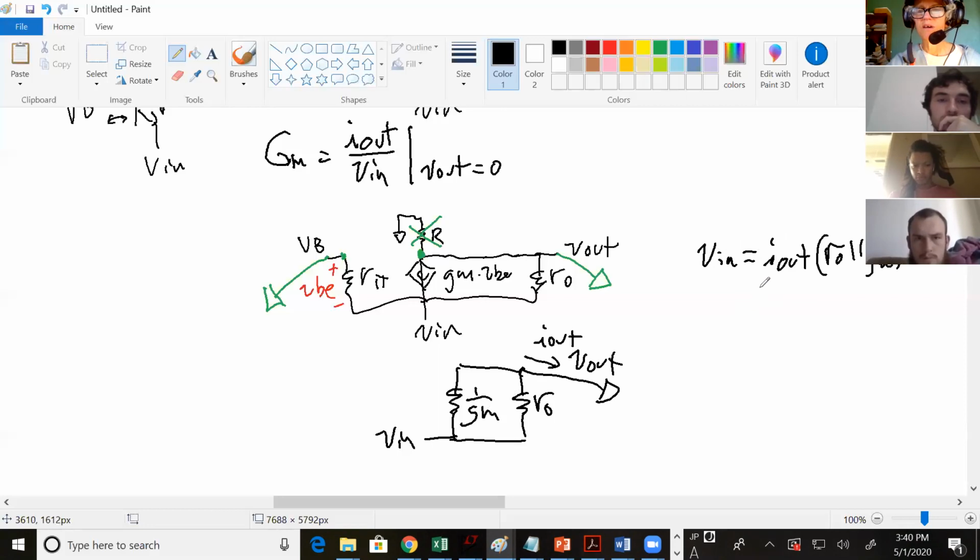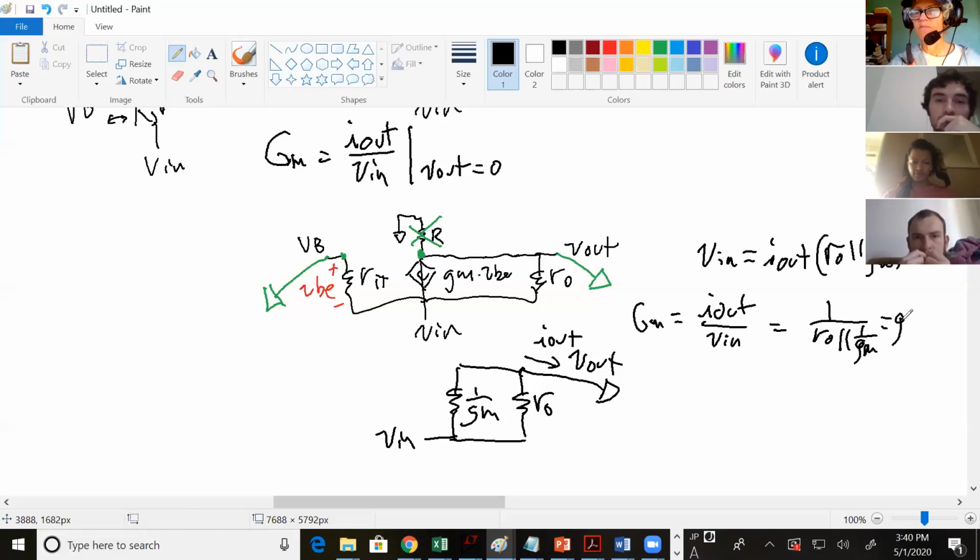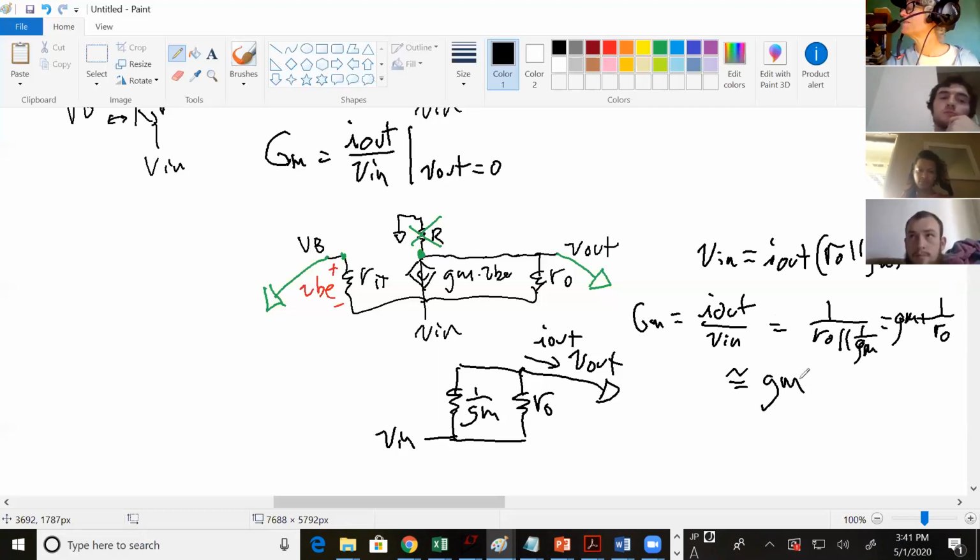But what you want is I out over V in, which equals GM, equals 1 over RO parallel 1 over GM. And it actually comes out kind of nice. It comes out to GM plus 1 over RO, if you work it out. And what's 1 over RO? Really, really small. So this is usually approximated as just GM.